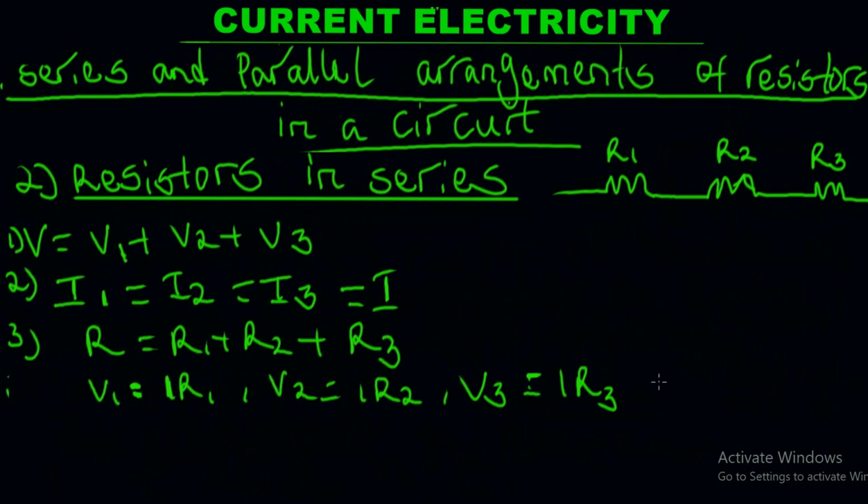From here you will notice that V is directly proportional to R when I is constant. So a higher resistance will have a higher voltage.